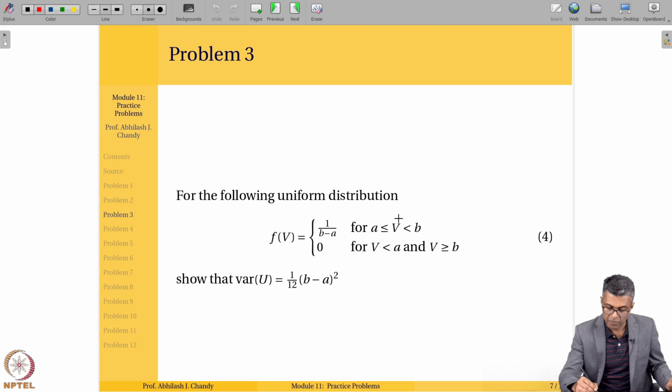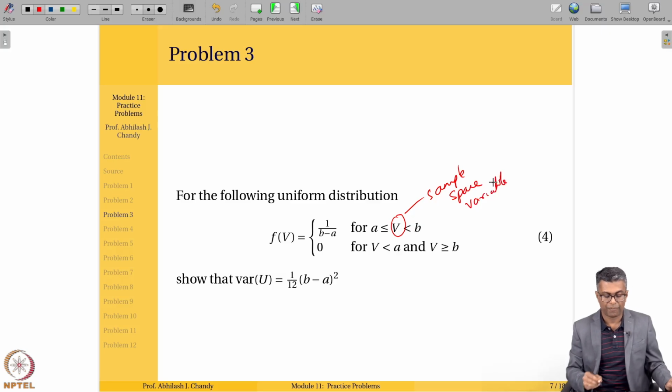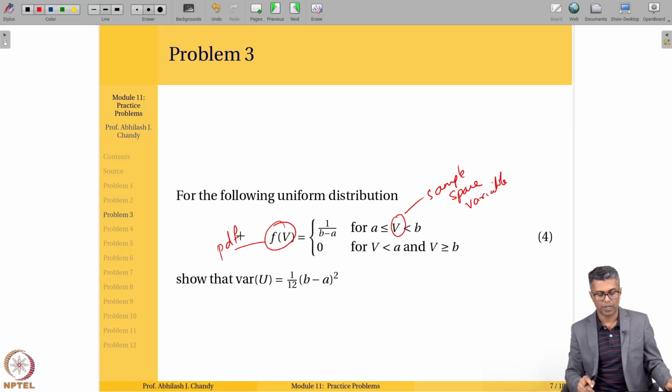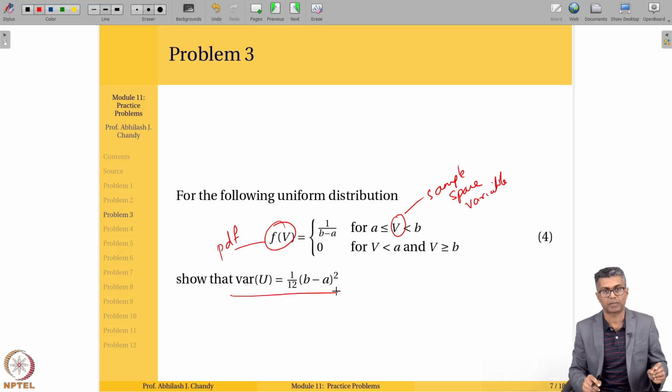What is v? V is the sample space variable, remember? F of v is the PDF, probability density function. You have to show that the variance of u is 1/12 (b minus a) the whole squared.